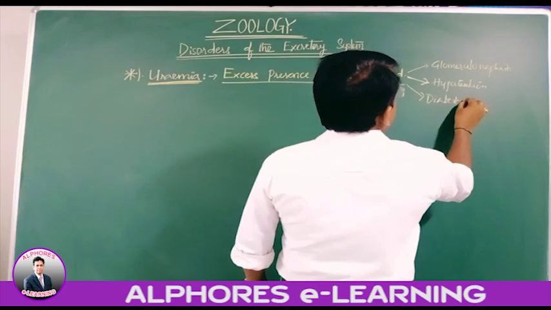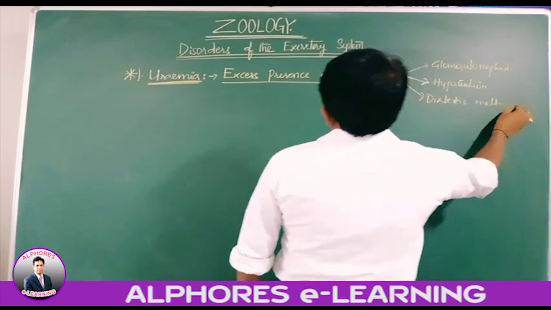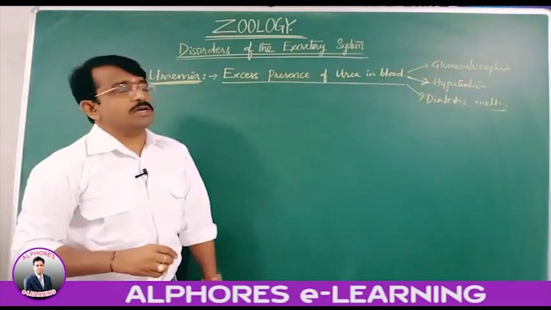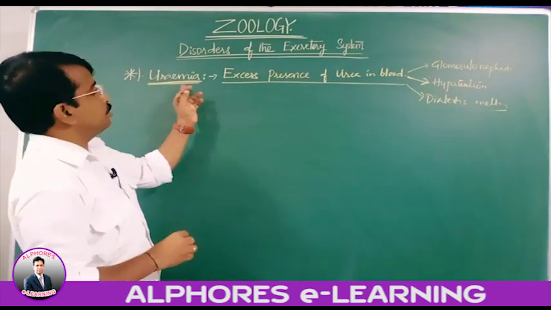Diabetes mellitus has been discussed. I repeat, the excess presence of urea in the blood is named uremia.